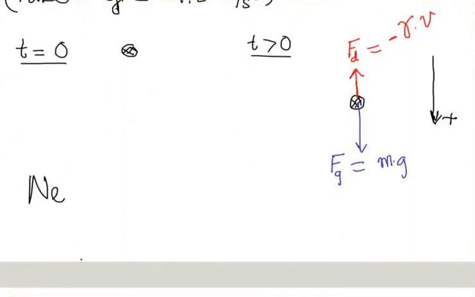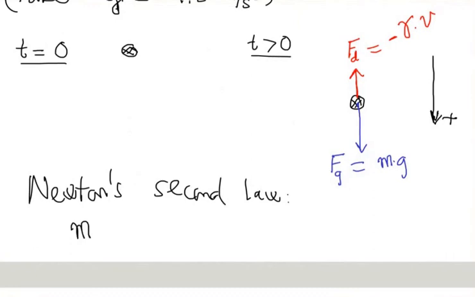Newton's second law says that if we add up all the forces, we have m times g minus gamma times v equal to m times a, the acceleration.